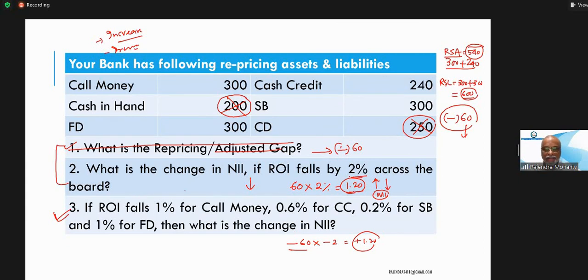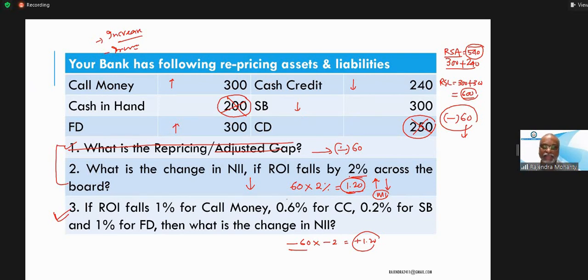Because here, it might be possible that some question will say call money increases by 1%, cash credit decreases by 1%, FD increases by 0.5%, SB decreases by some percent. So in that case, what would your application be?